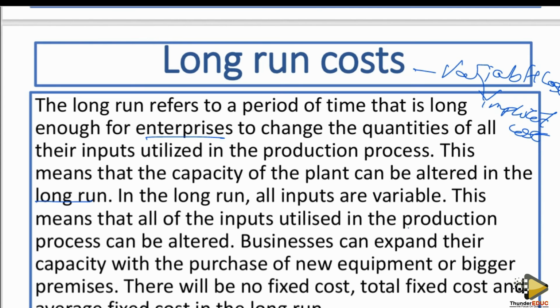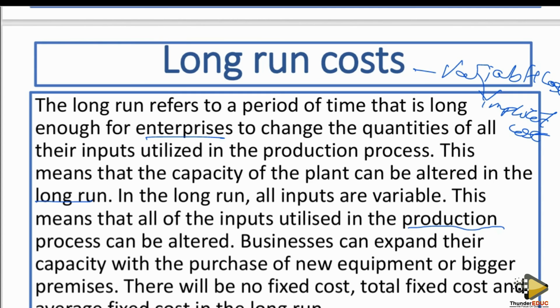Guys, what do you mean by the word production? When you talk of production, we refer to the processing or manufacturing of goods and services. That is the meaning of production. Businesses can expand their capacity with the purchase of new equipment or bigger premises, but this can only be done in the long run.